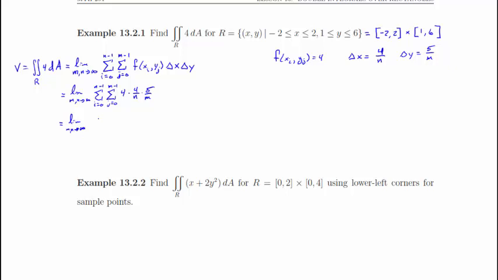So the limit as m and n go to infinity of a double sum, i equals 0 to n minus 1, sum from j equals 0 to m minus 1, and this is 2080 over n times m. So we think of this as a sum and then a sum of the sum. This sum is m instances of this happening over and over.